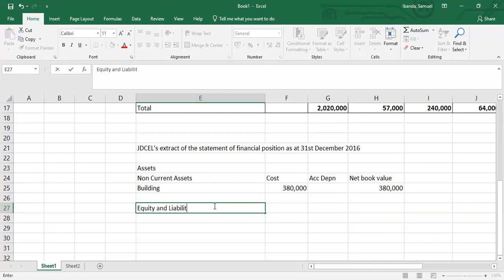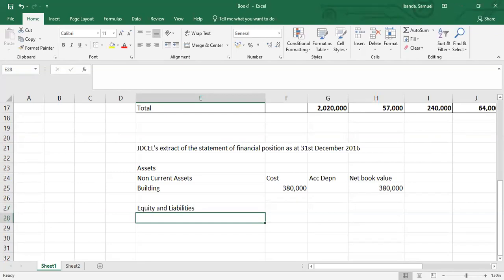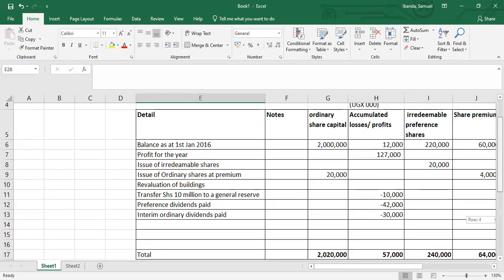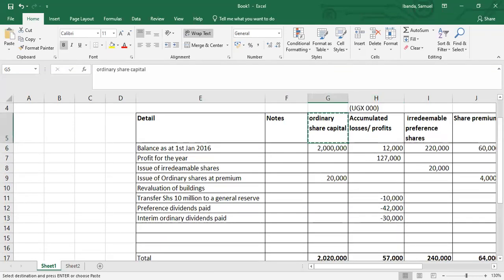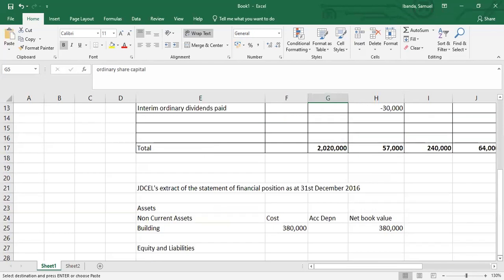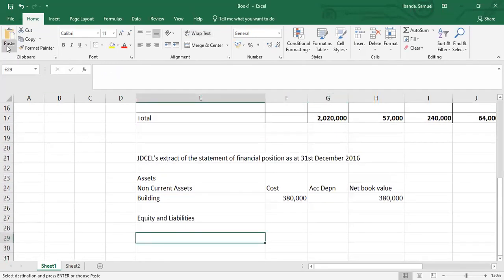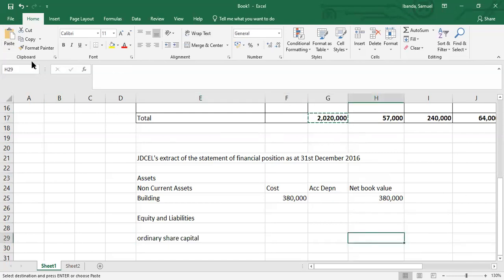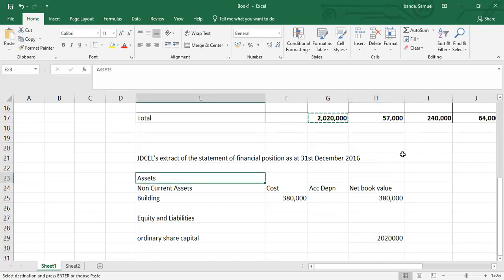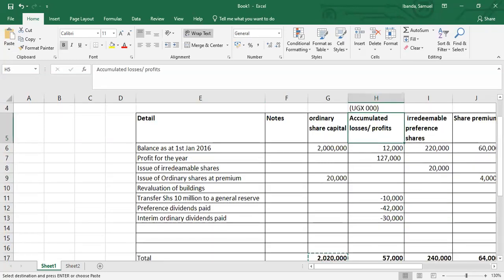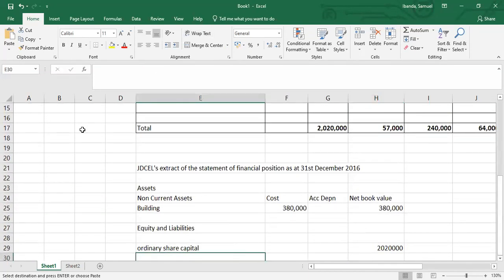Equity and liabilities. Remember, this is an extract, so it doesn't really have to have everything. You just record only what is there, okay? For equity and liabilities, I'm going to record these items as they are. I'll put ordinary share capital and the amount. Then I'll come to accumulated loss or profit and put it here as well.